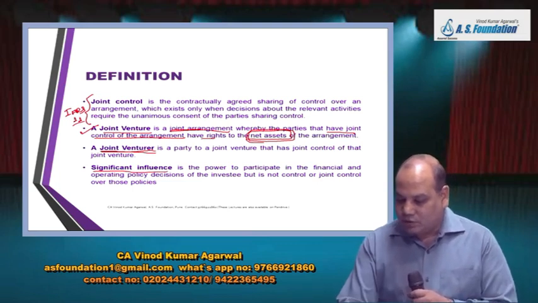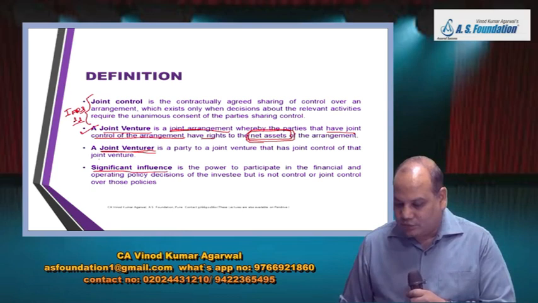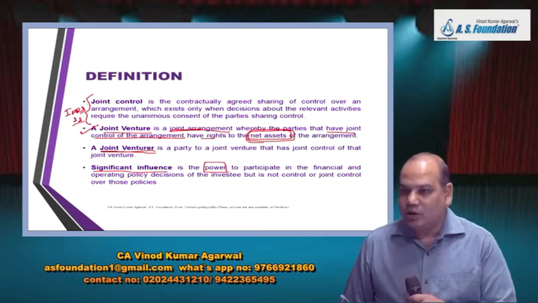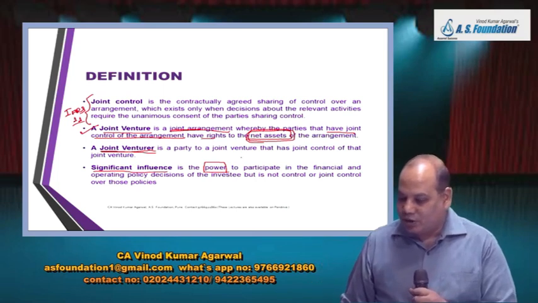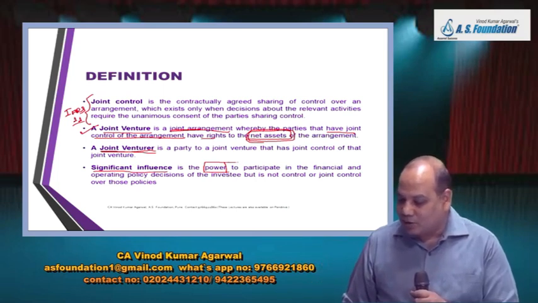One of the key words in this standard is significant influence, which is the power. But how much power? Same like IFRS 10 or lower than that? Lower. In IFRS 10, it is the power to direct the relevant activity. Here it is power to participate, only participate.